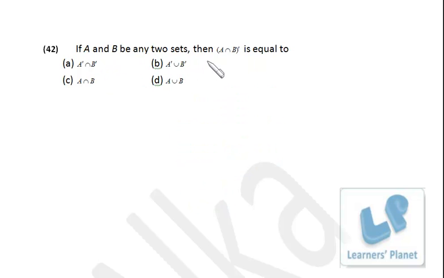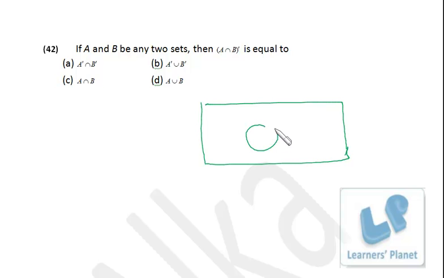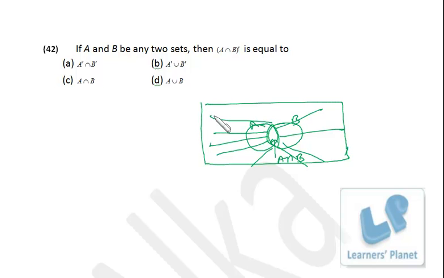If A and B are two sets, then A intersection B whole dash. Okay, so this is the universal set, that's A, B, and this portion is A intersection B, right? Now we have to find out A intersection B dash. A intersection B is this portion, so dash will be the entire remaining area except this particular portion.